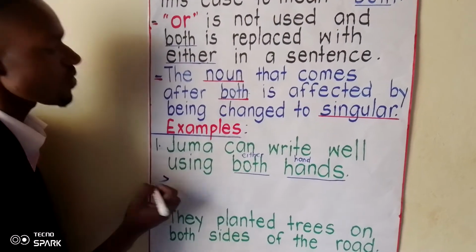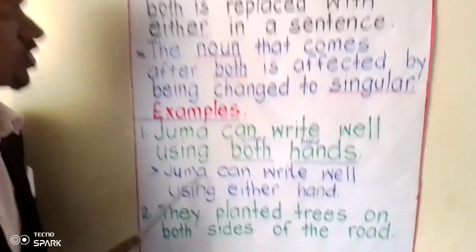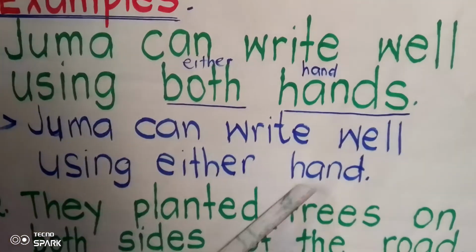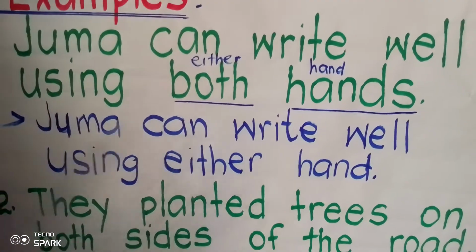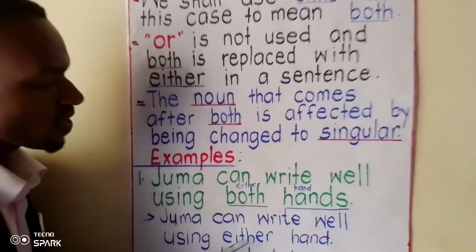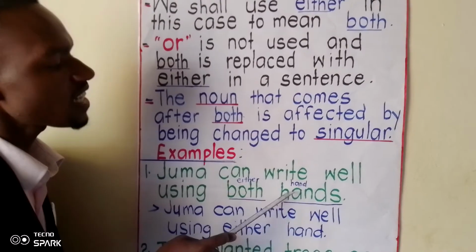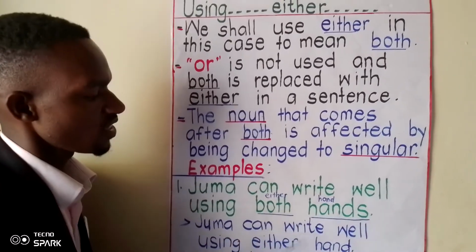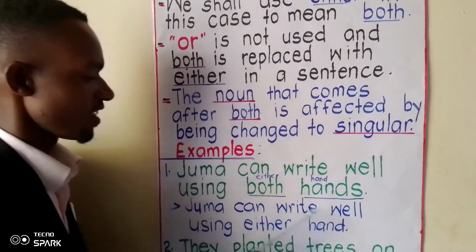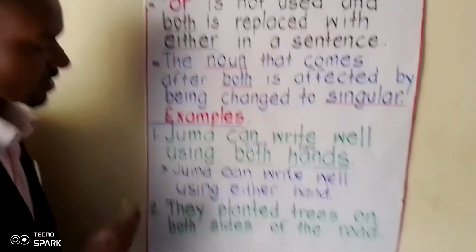And our answer will be, Juma can write well using either hand. We have replaced both with either, and we have changed the noun after both to singular form, from hands to hand. So that is our correct answer.